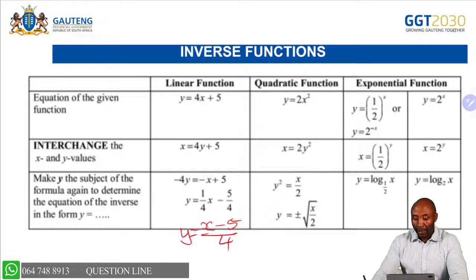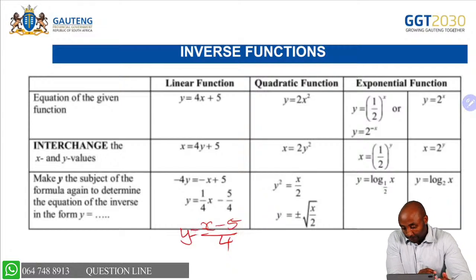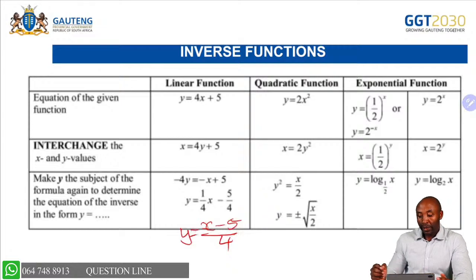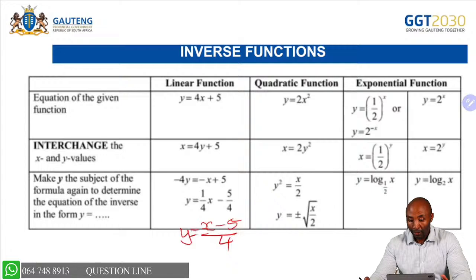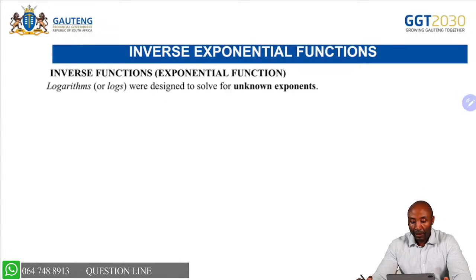For us to make y the subject, we are going to use a rule that we are going to look at just now. We will look at the inverse of an exponential function, where we are saying the inverse is going to be the logarithm. And this is what is used to solve for an unknown exponent.